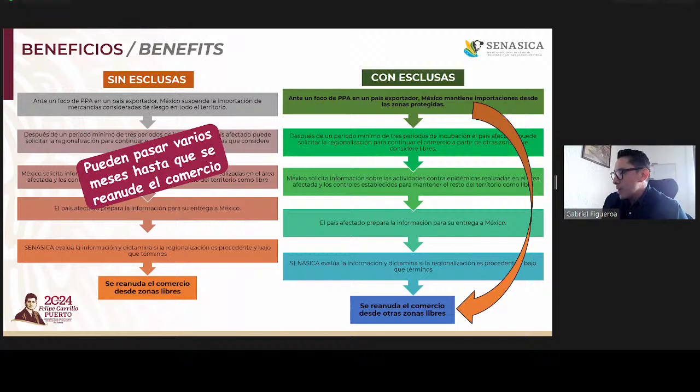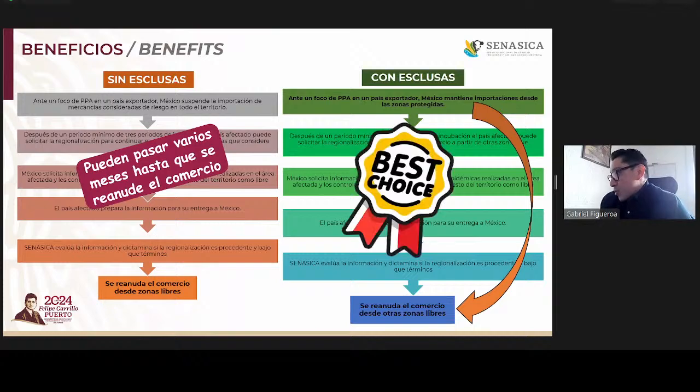We go over the information, and eventually, once the problem is solved, then we can start again. And that's why we think that this is the best choice. Why? Because in this case, trade is not going to stop, but in order to reach this, it is necessary for both countries to recognize that this scheme can be feasible and it's going to operate appropriately, which is really important.